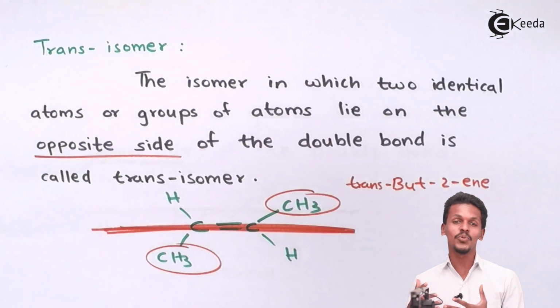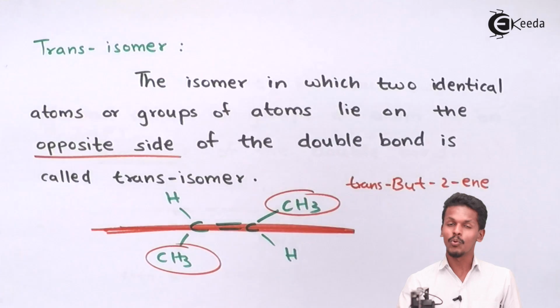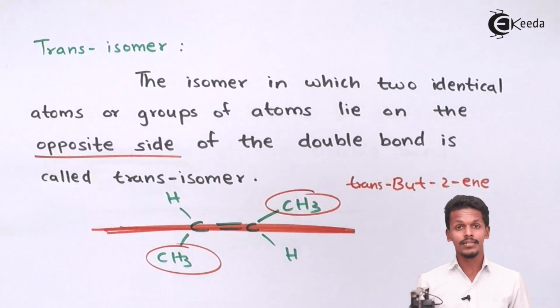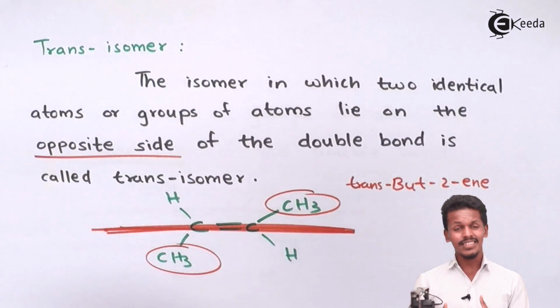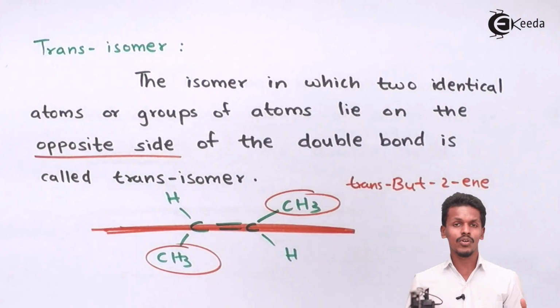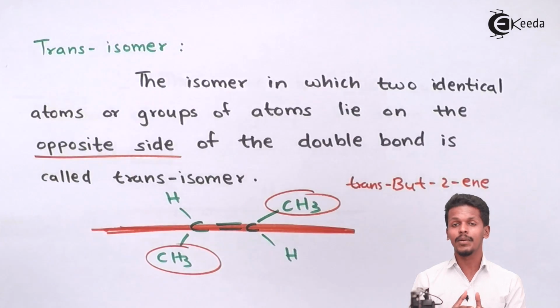That's the reason the two molecules, cis-butene and trans-butene, both have different properties, and yes, they have the same molecular formula, but that's the reason they are called isomers. Because of this, we have got to know that there are different kinds of isomerism exhibited by the alkenes that we have discussed right now.